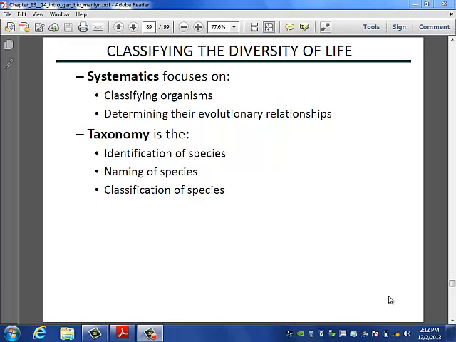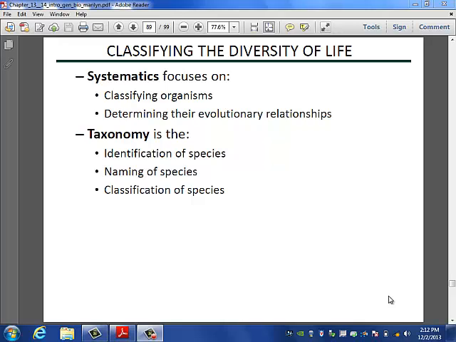All right. So, classifying organisms. Determining their evolutionary relationship, their similarities, is what taxonomy is. Again, we did this based on what? For years and years, based on appearances, based on characteristic similarities within certain groups of organisms.